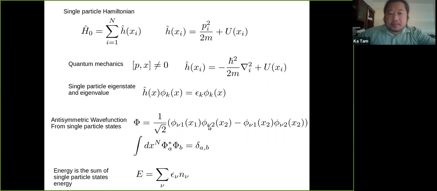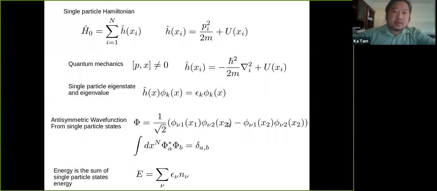You have two terms because in principle, for an n particle state, you can write it as an n by n determinant, and for only two particles, the 2 by 2 determinant just has two terms. That's why we have orbital 1 with x1 and orbital 2 with x2, and then the exchange between orbital 2 and orbital 1. So this is how you construct a many-body wave function.